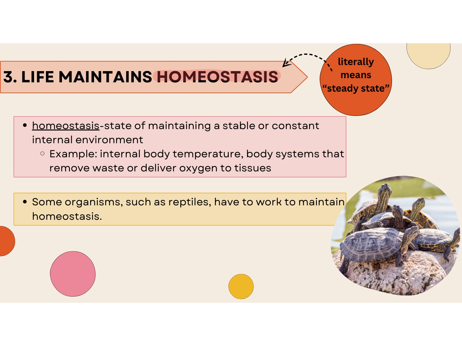Some organisms, like reptiles, though, don't have that internal homeostasis as complex of a system as we do, so they have to kind of work to maintain their homeostasis. You may have seen turtles sunning out on a rock, and the reason that they do this is to warm their body up. And when they get too warm, then they will jump off into the body of water to cool back down. So some organisms have to maintain it externally.